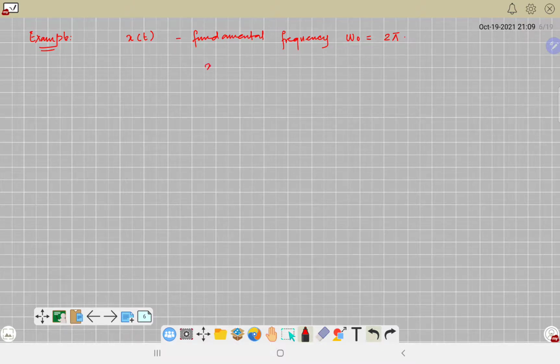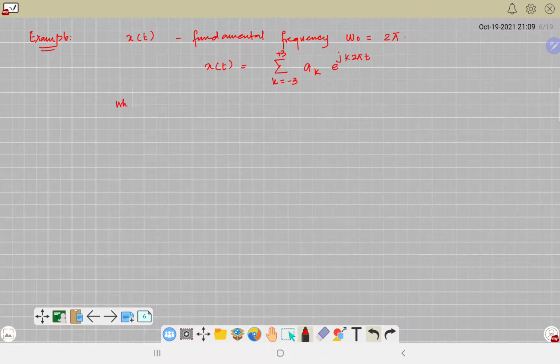And it is expressed in terms of this summation as a Fourier series, k running from minus 3 to plus 3, a of k e raised power j k 2 pi t, right?